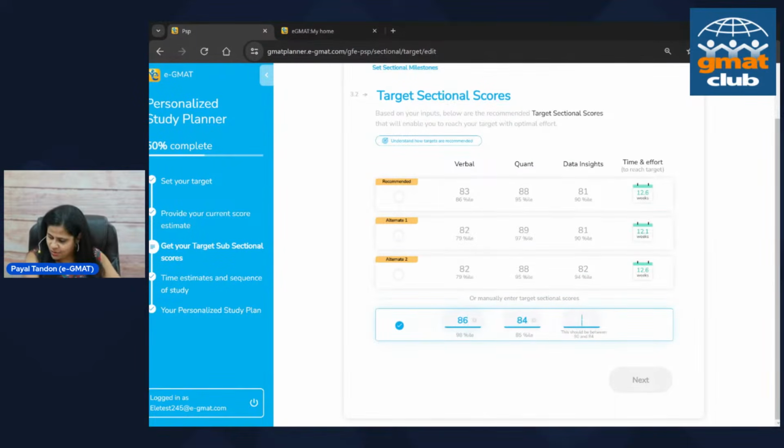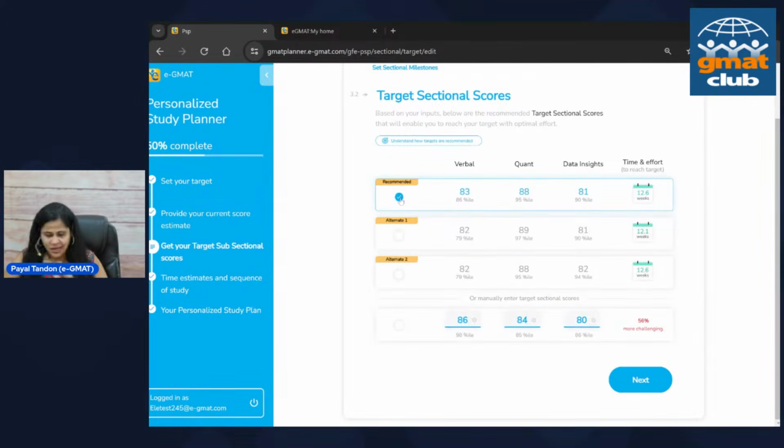And then the system tells me that, look, yes, you want to go into 86 in verbal, but this is going to be 56% more challenging. The system understands what is going to be easier for me, what is going to be more efficient for me. So I take that feedback from the system and I say, let me go with the recommended path. That's going to take me about 12 and a half weeks to do.